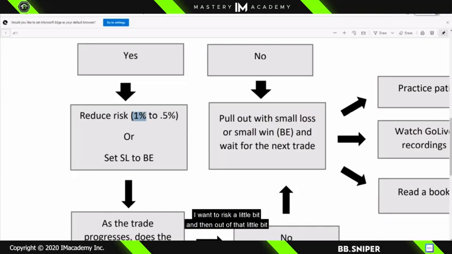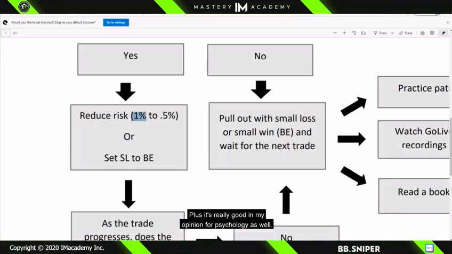I want to risk a little bit, and then out of that little bit, I want to risk as little as possible, okay? Because I feel capital preservation is number one, and then risk management from that. So if I'm risking 2%, I might bump it down to a 1% risk. Okay.